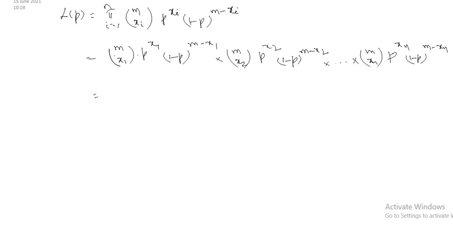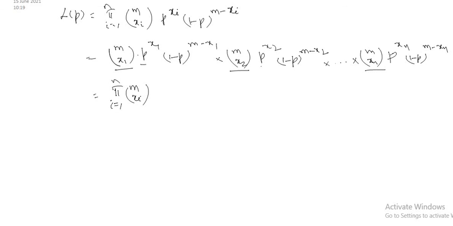Now this is constant with respect to p. With respect to the parameter, the mCxi's are constant. So all these products you just write as they are in the notation.